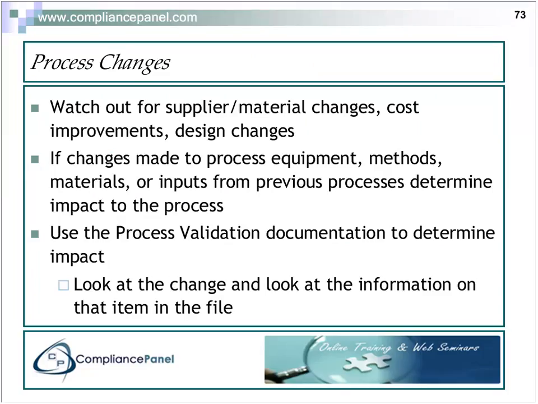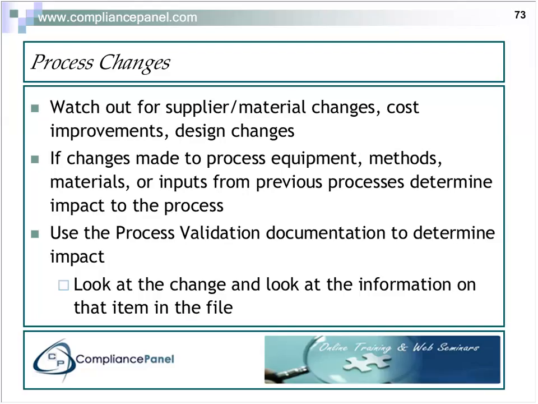Changes made to the process equipment. Somebody came along and put the latest software revision in a numerically controlled piece of equipment. What's going to be the result of that software change? Do we have to go back and revalidate the process because of that? That's a question we need to ask and make sure that it doesn't affect the product.